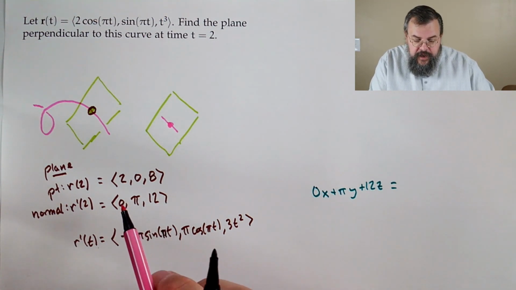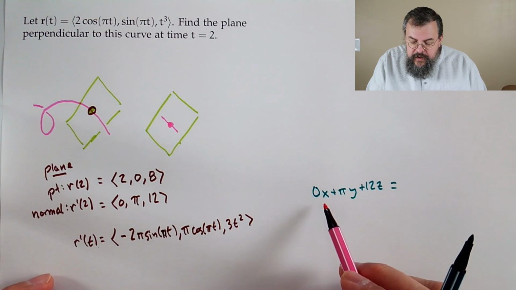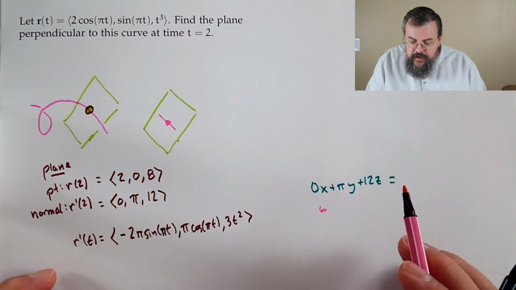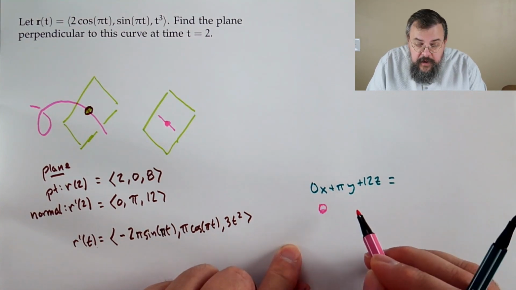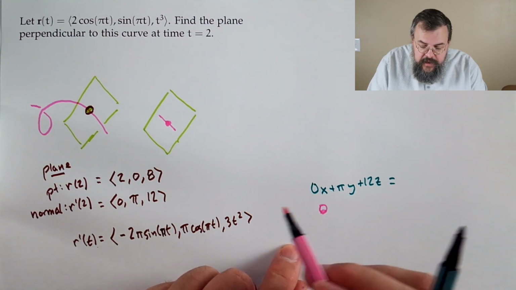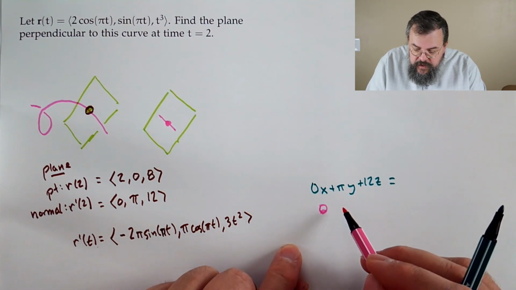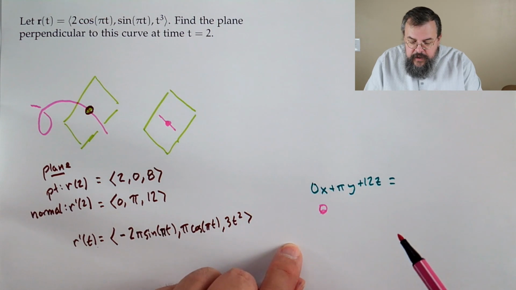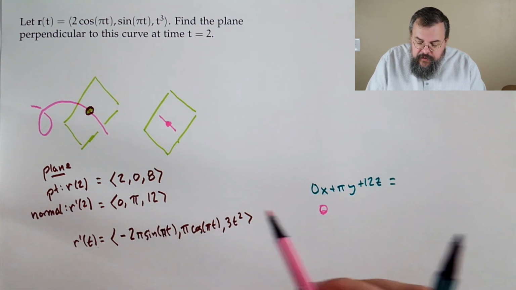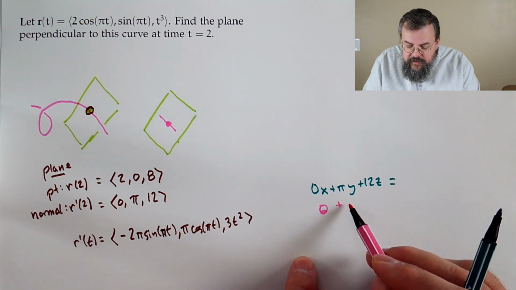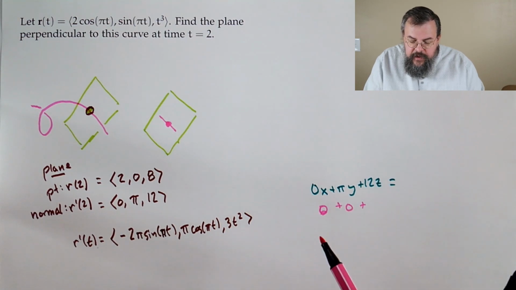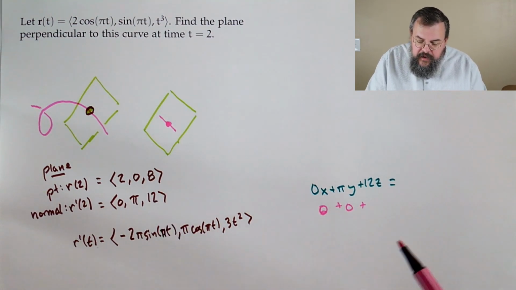So we say, 2 times 0 is 0. Then we have pi times 0, right, good. So that's also 0. And then we have 12 times 8.